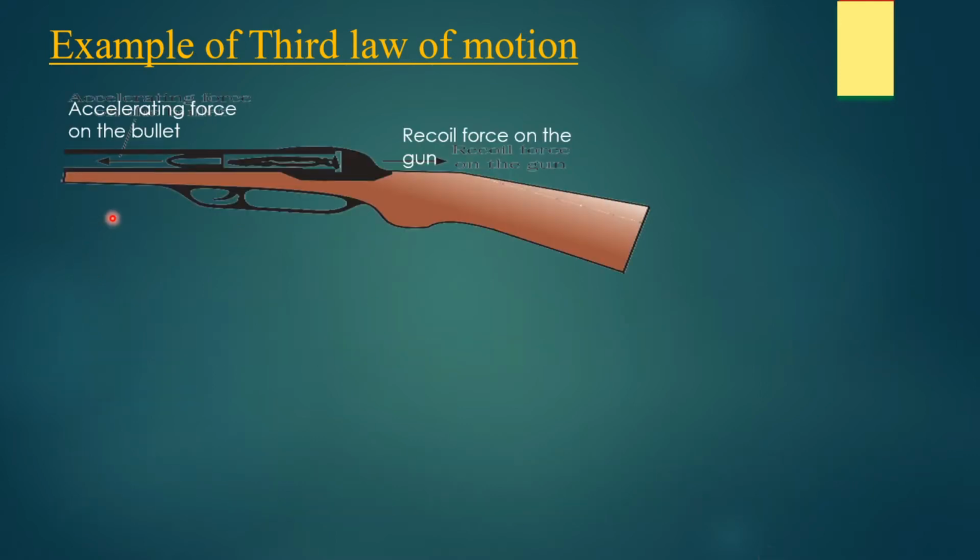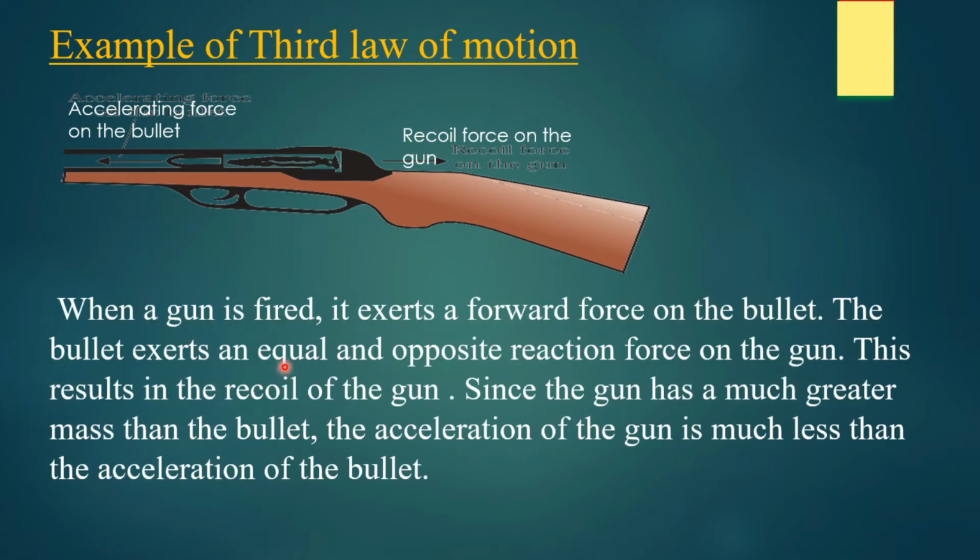Consider the next example of the third law of motion. When a gun is fired, it exerts a forward force on the bullet. So when the gun is fired, the bullet will move in the forward direction. The bullet exerts an equal and opposite reaction force on the gun. And what will happen to the gun?